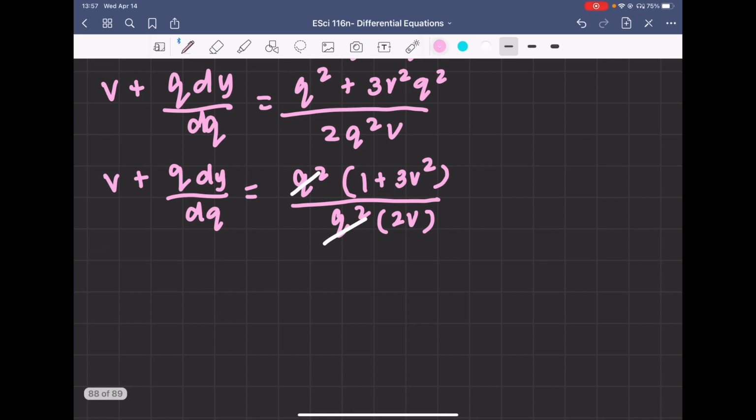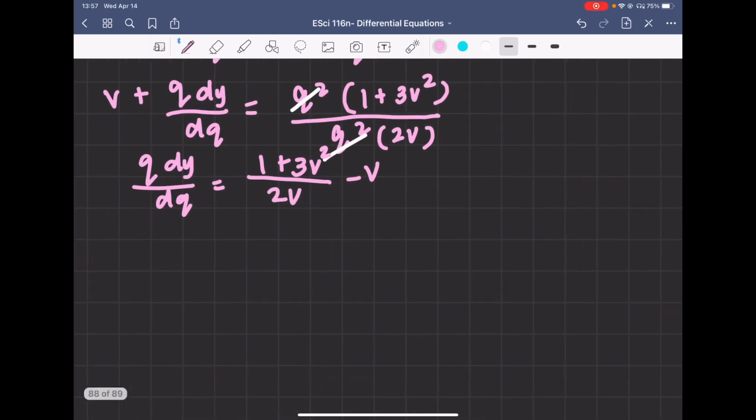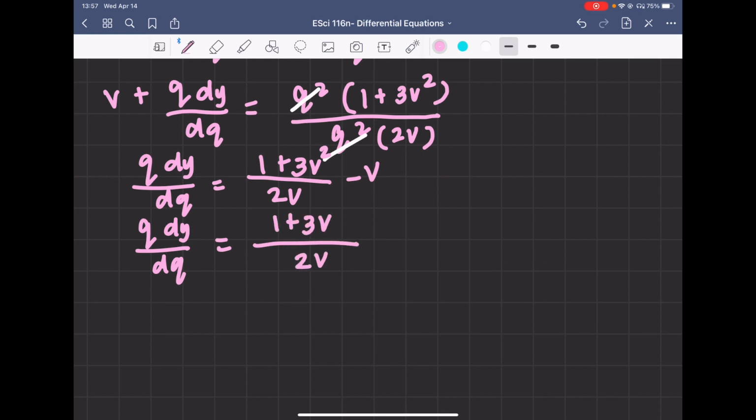Next, moving our v from the left to the right, that's q dv over dq equals 1 plus 3v squared over 2v minus v. So that's q dv over dq equals 1 plus 3v squared minus 2v squared all over 2v.